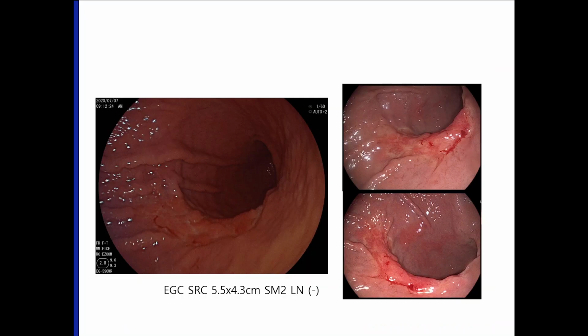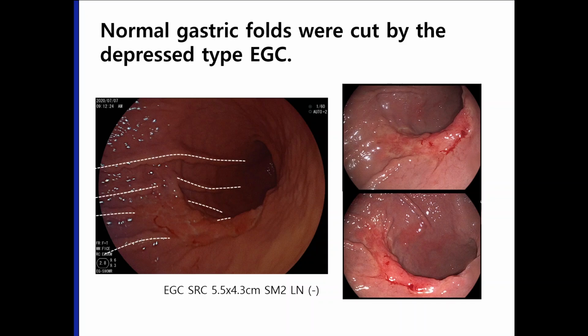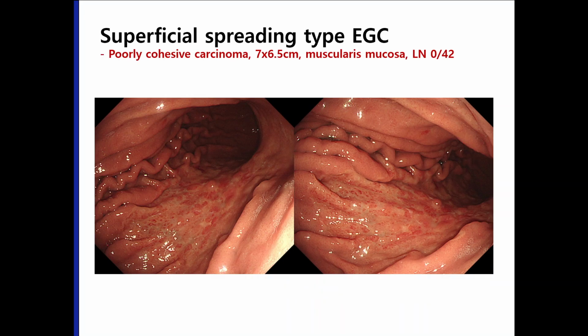Can you see some fold changes in this case? Normal gastric folds were cut by the depressed type early gastric cancer. This is a superficial spreading type early gastric cancer.